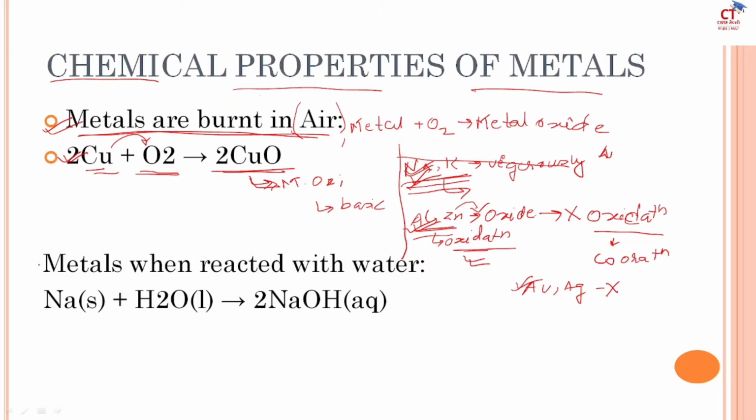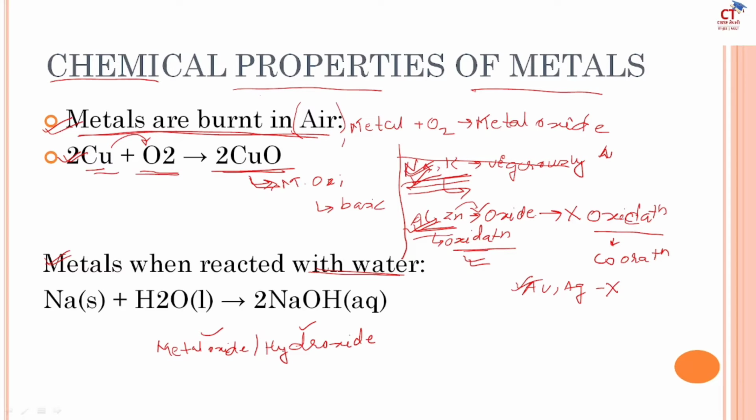Now let's go forward and learn about how metal reacts with water. When metal and water react, there is the production of again what? Metal oxides. However, there is production of hydroxides as well. How do we know whether a metal oxide or a hydroxide is formed?